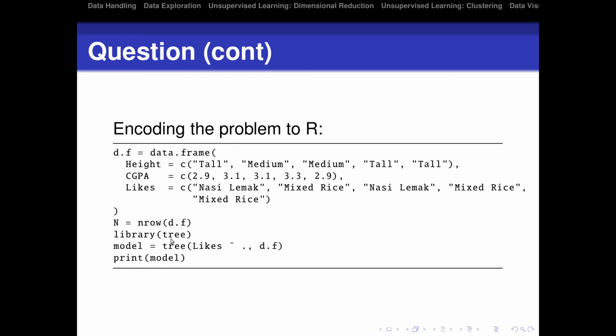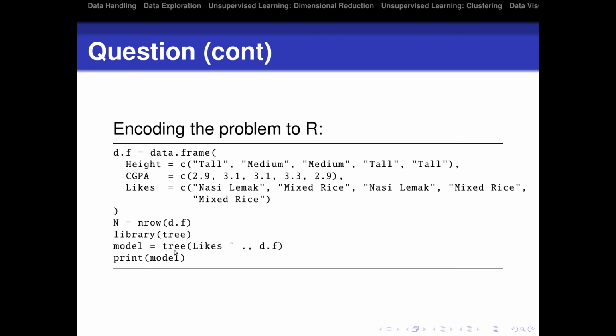I already mentioned the three packages, so we just call them, assuming you have installed them in your R. Otherwise you need to use install.packages, select tree from any site, and then install it on your R software.